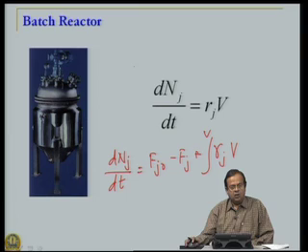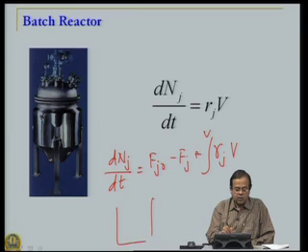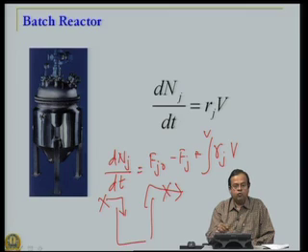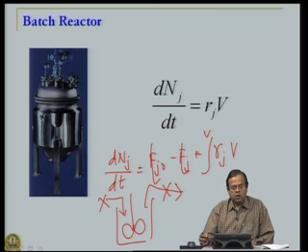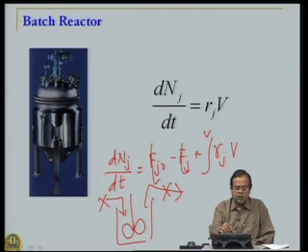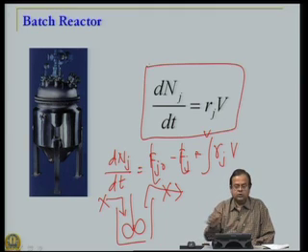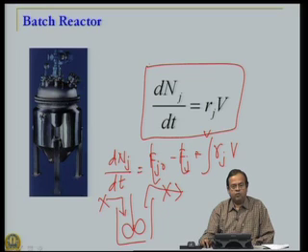In a batch reactor, we know that there is no inflow, there is no outflow. That means both these terms disappear, and it is a stirred tank reactor operated in a batch mode. So, conditions are uniform throughout the entire reactor, and we have dnj dt as Rj into V as our mole balance. Straightforward exercise.